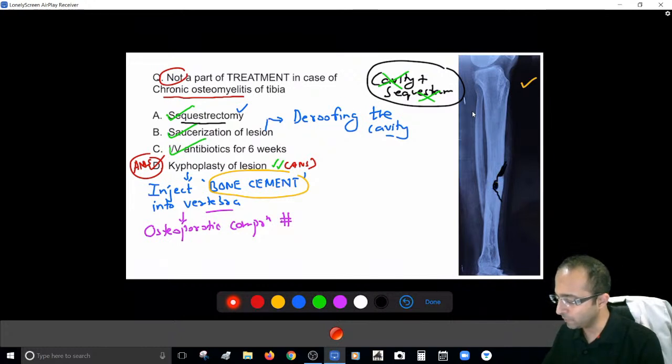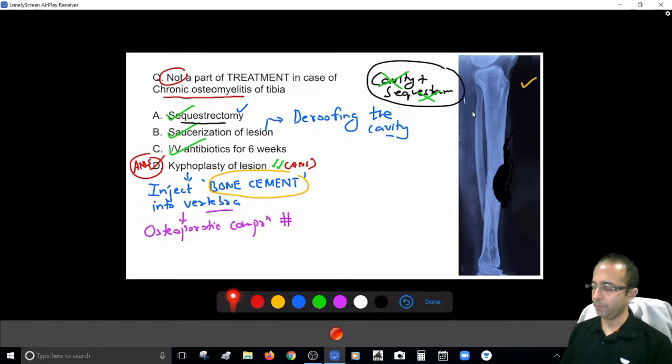See, I'm going to remove the sequestrum here. And I am going to open up this cavity by removing the roof to the external environment. So if you just see here, I have removed this much of bone to open up this cavity to the environment.